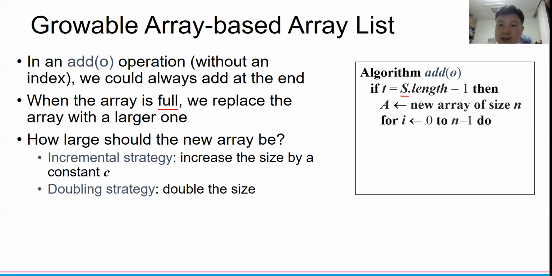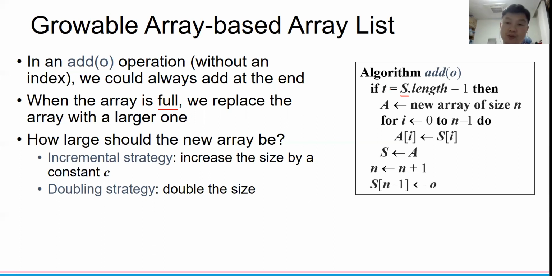Then loop from 0 until n-1 and put all the elements of array S into the new array A. Then let's move the array A into S, which is the previous array. And then n equals n plus 1.